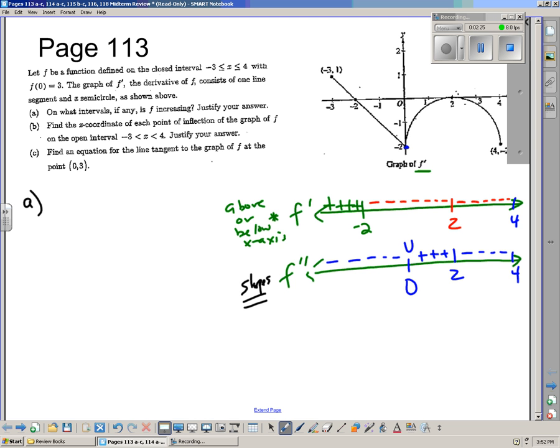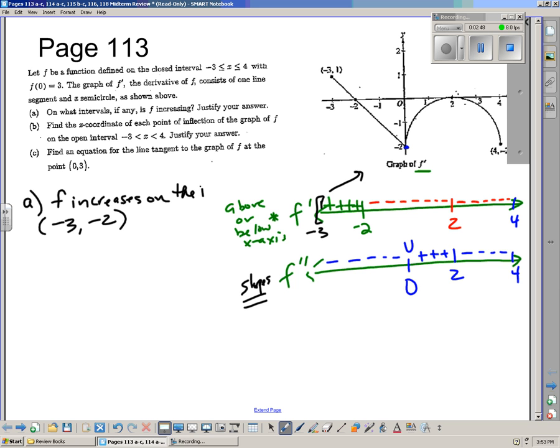It says, A, on what intervals is f increasing? Well, f is going to increase when the first derivative is positive. That happens from -3, because we're closed off there, to -2. So f increases on the interval -3 to -2. It's not a point, it's an interval.